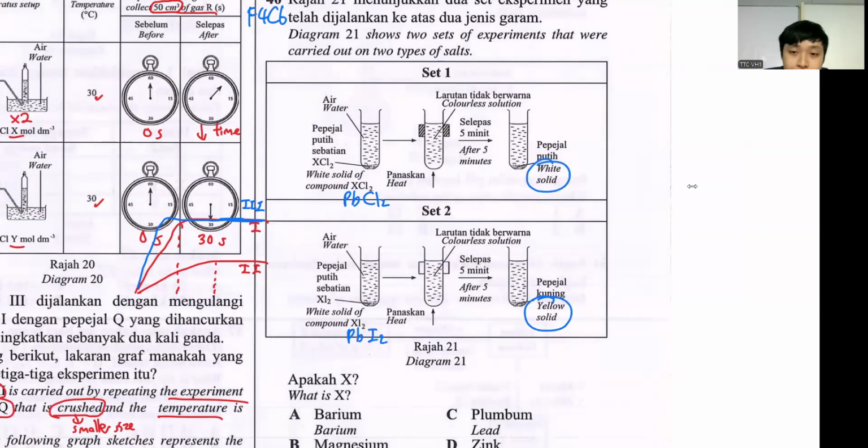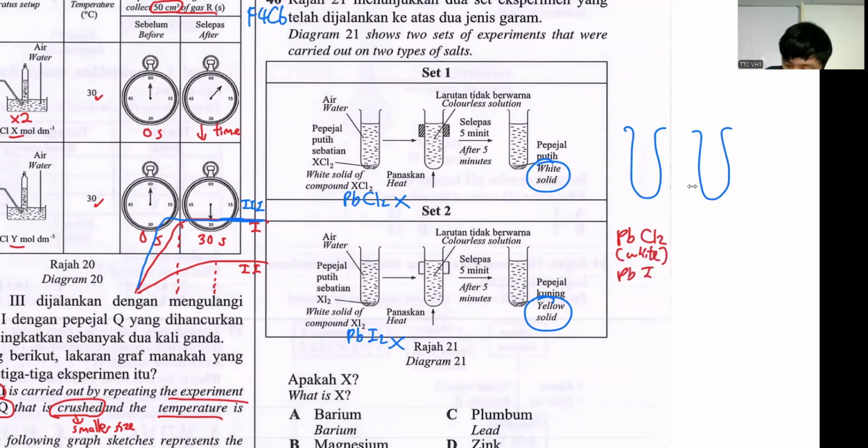PbCl2 is a white solid. You know what happened? Because there's a rule. Actually, PbCl2 and PbI2 are both insoluble salts, insoluble at room temperature in cold water.